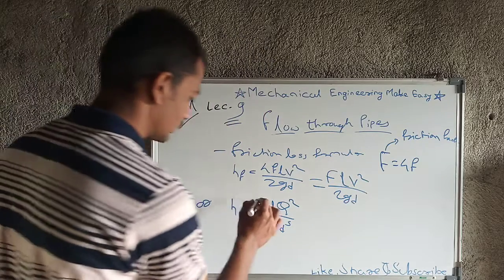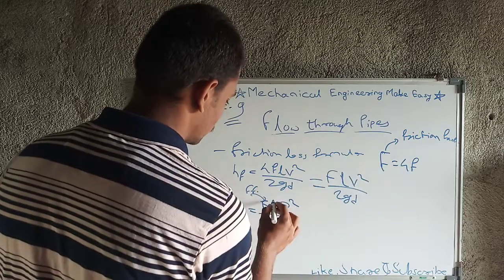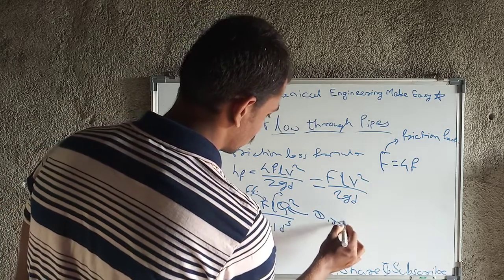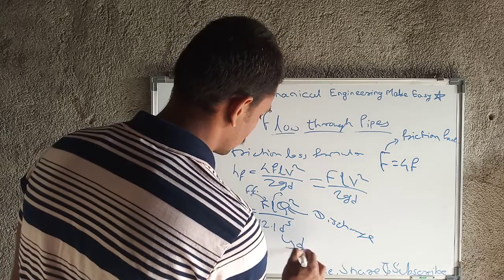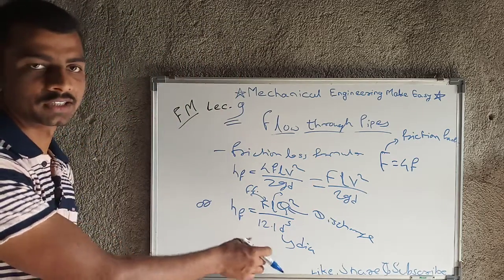So what exactly is this? This is friction factor, that is capital F, this is length, this is discharge, and this is diameter of pipe, and this is one constant number, that is 12.1.